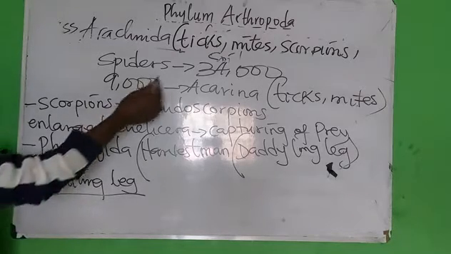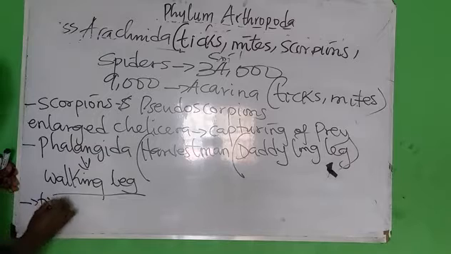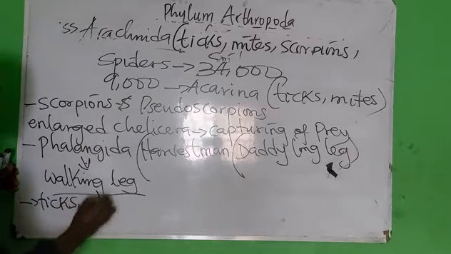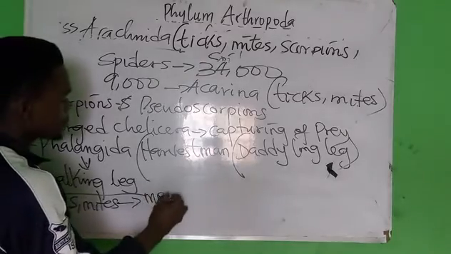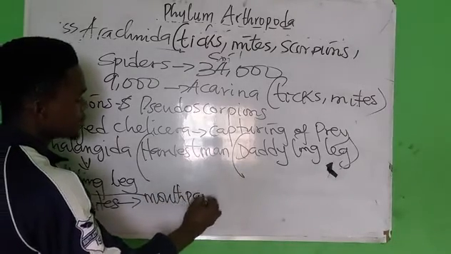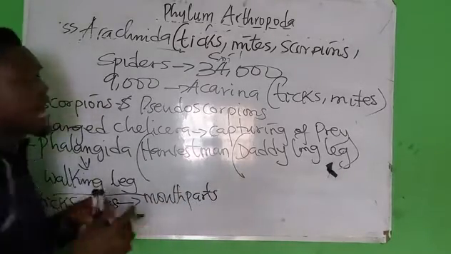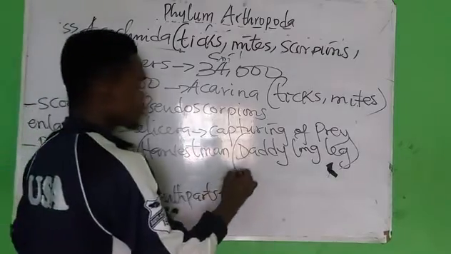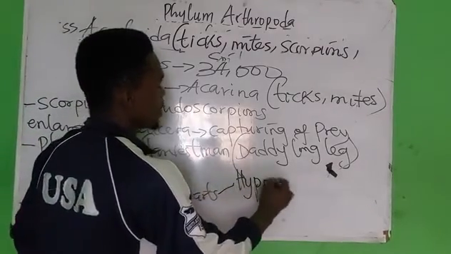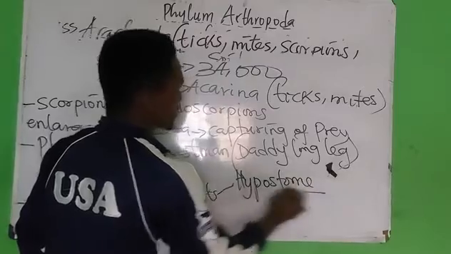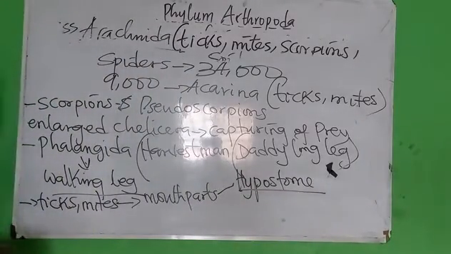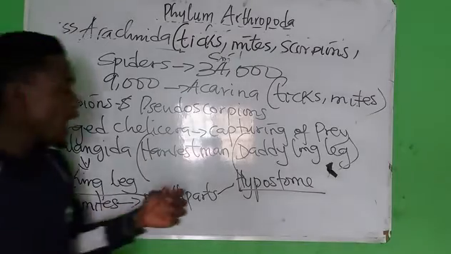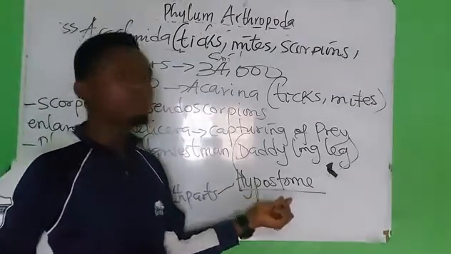In ticks and mites, the mouth parts are modified into what is called the hypostome.